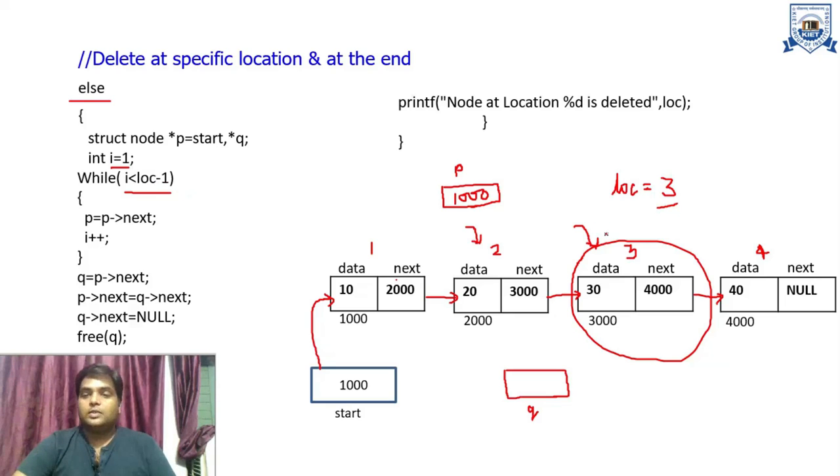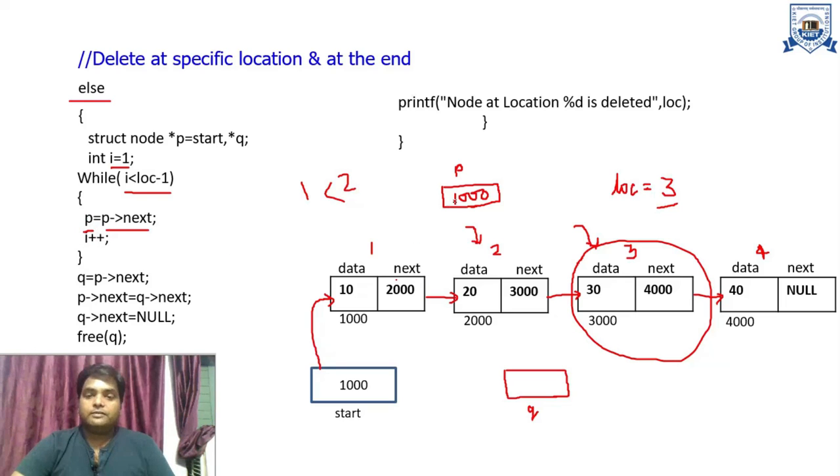So what is the location? The location is 3. So location minus 1 is 2. Initially the value of i is 1. So 1 is less than 2. Yes, the condition is true. Then we will move towards the next one, that is p = p->next.